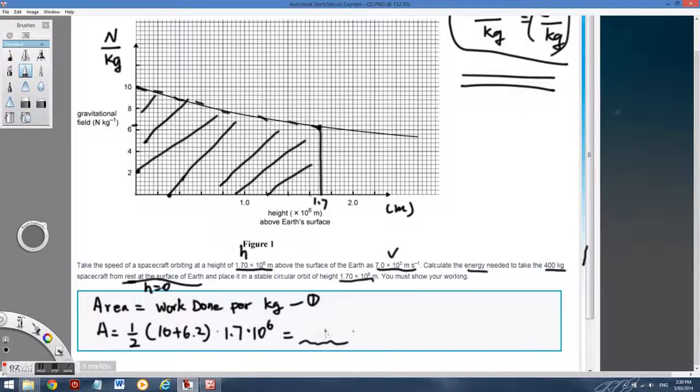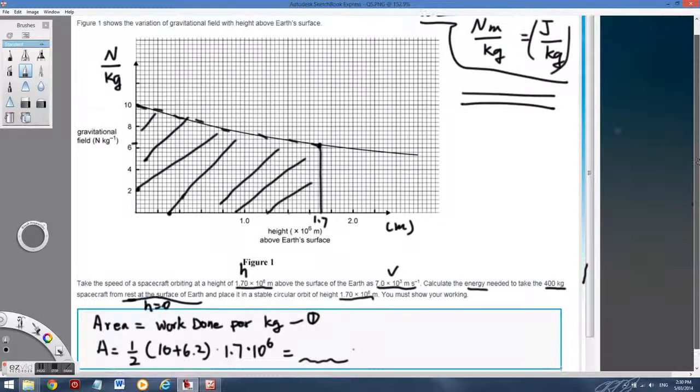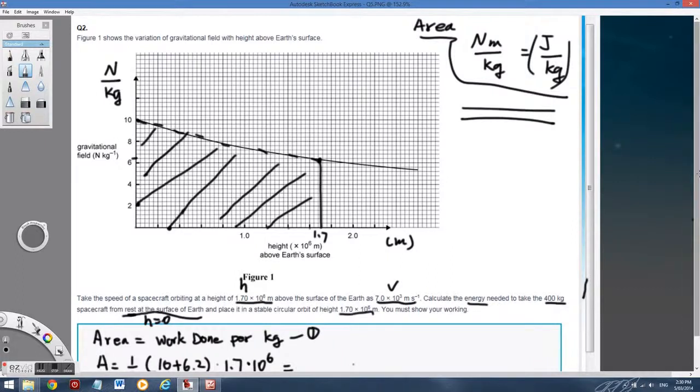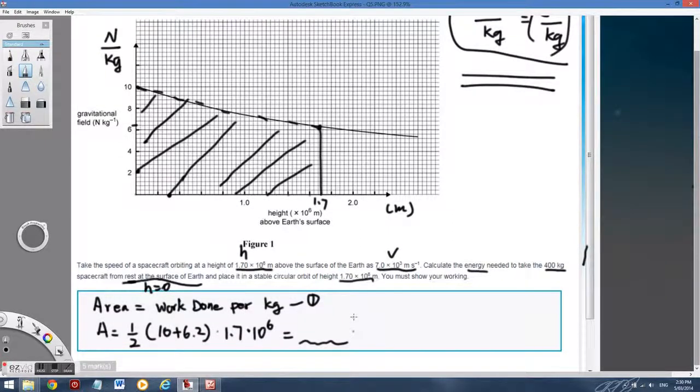I don't have a calculator now, just remember to put it in. Now the important thing will be the unit. The unit is not joules, but joules per kilogram. Write it down: joules per kilogram.